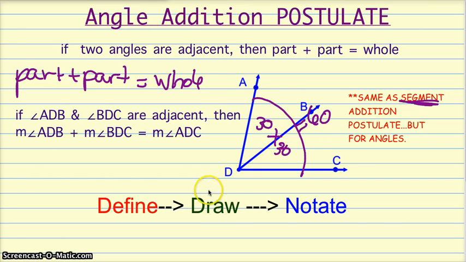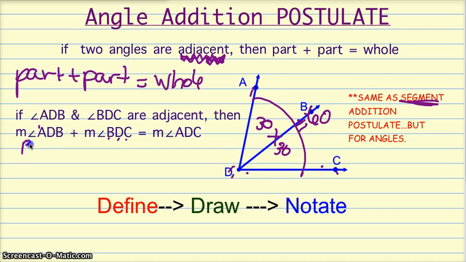So it says if 2 angles are adjacent, and I have to work with the word adjacent in the next set of vocab, if 2 angles are adjacent, which just means side by side, then a part plus a part is a whole. All of this says that if these 2 angles, ADB and BDC, are adjacent, then the measure of ADB plus the measure of BDC is equal to the whole.